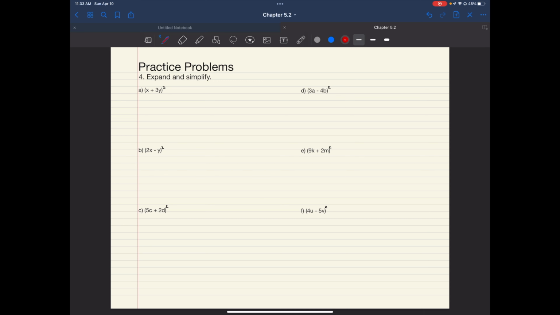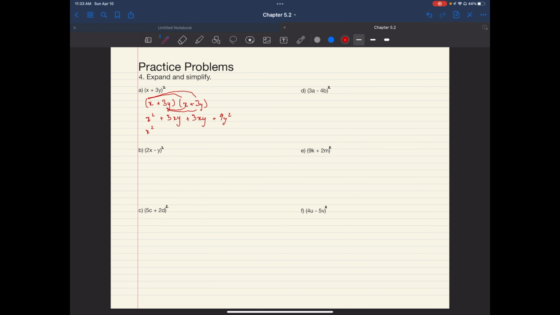Now, okay, now we're getting into more variables, but easily still done. So let's write this out the long way for the first one. x squared plus 3xy plus 3xy plus 9y squared.